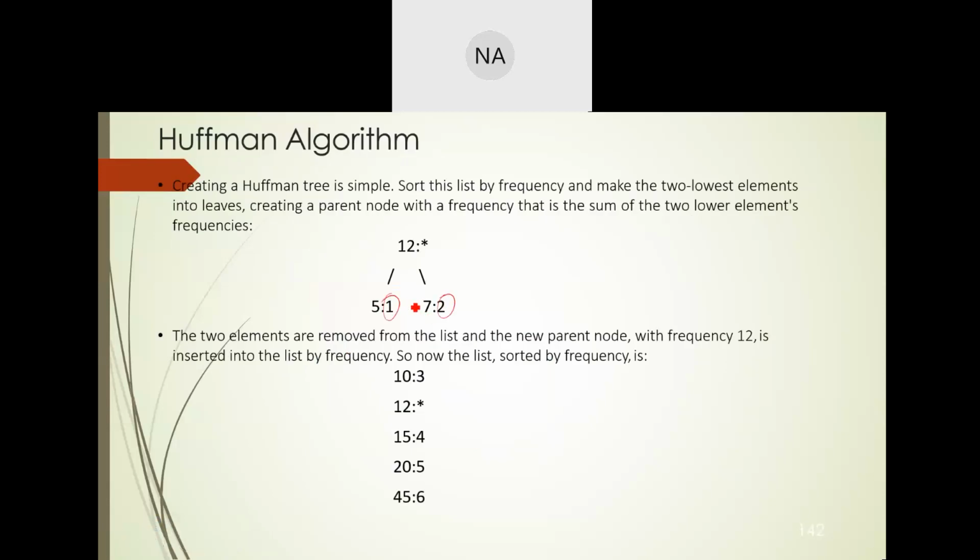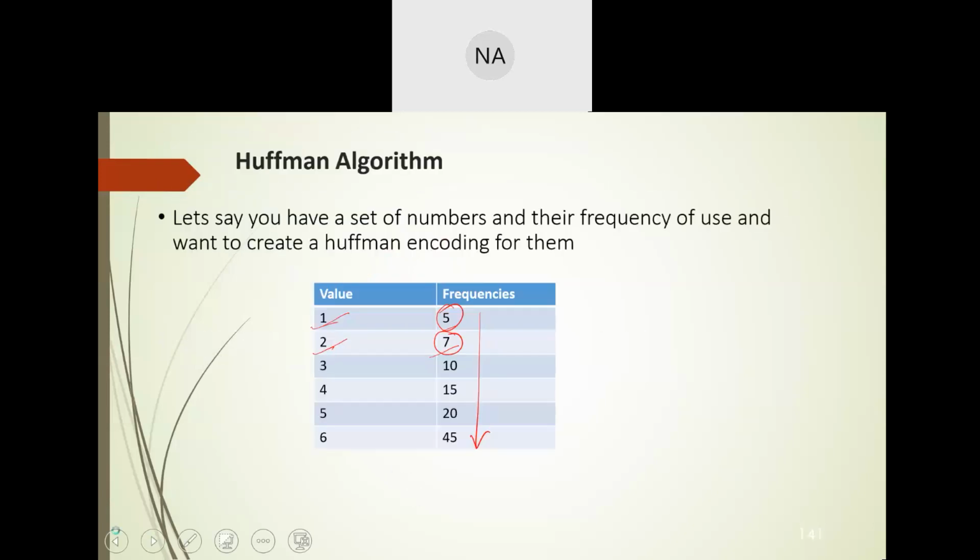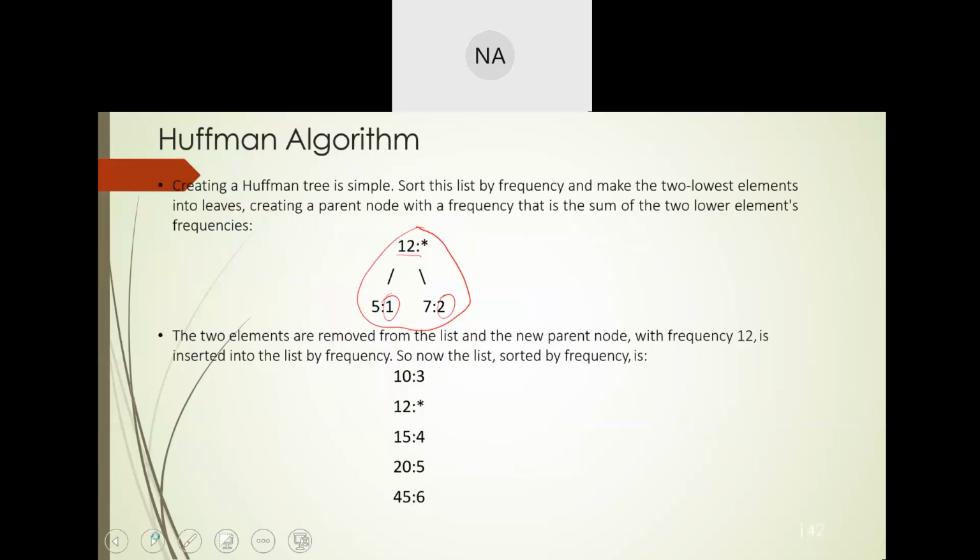Then they are combined. The weight of the combined tree will be 12, 5 plus 7. Then node 1 and node 2 will be removed from the list and the new node will be added. The weight of the new node is 12, so 12 will be added over here, just after node 3.